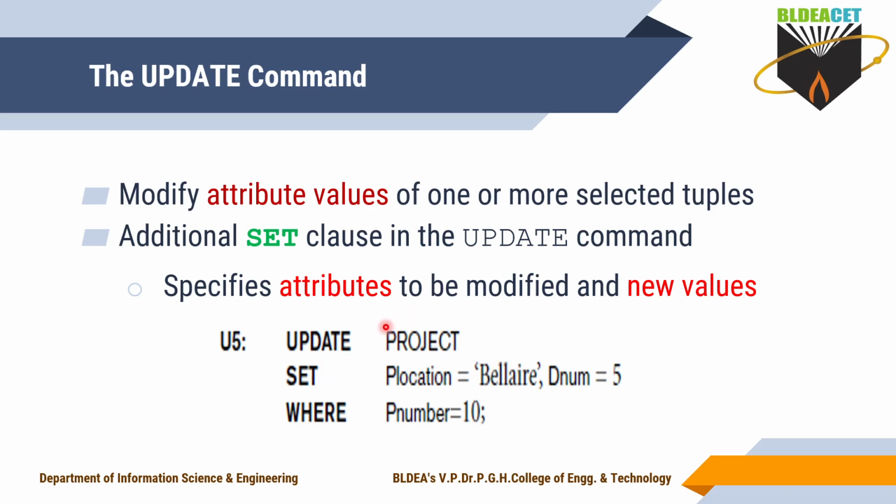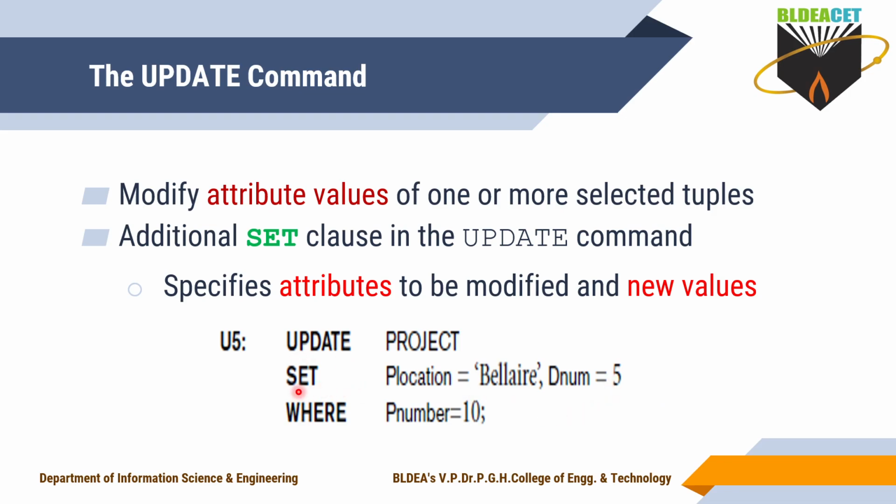Update, then the table or relation whose attribute values you want to update, that relation name you have to specify here. In the set clause, the attributes you want to modify and the new value for the attributes, you specify here. I want to change the attribute values of P location to a new value and D number to a new value.